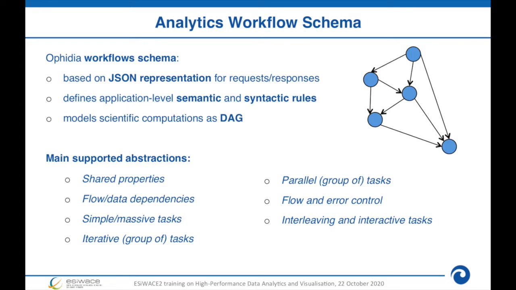It also provides some interfaces for interleaving and interactive tasks, which allow to stop or delay the workflow execution based on some input signals or external conditions, like for example the availability of a given file. Now we are going to see in more detail in the next slides some of these interfaces, and later we will also see how these are applied in practice during the demo and hands-on session.